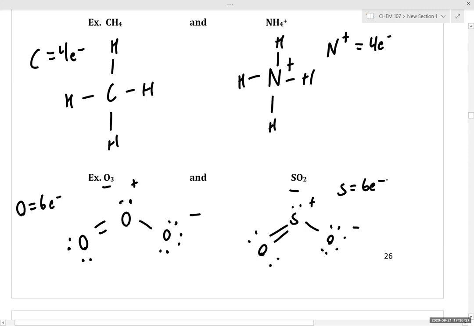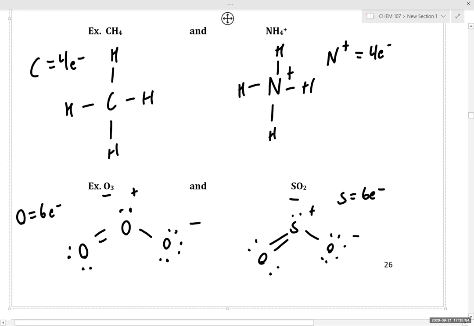So this provides you a pretty efficient and quick way of drawing Lewis structures from structures that you already know how to draw. It stems from the fact that Lewis structures containing atoms with the same number of valence electrons will often look very similar to each other.